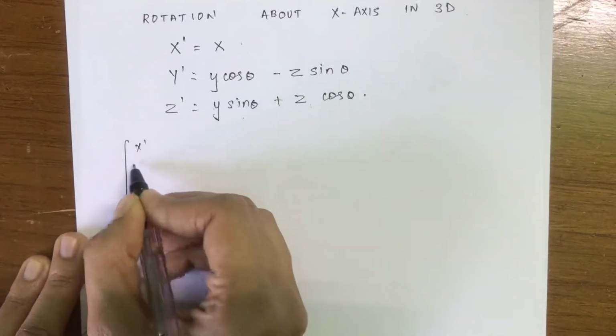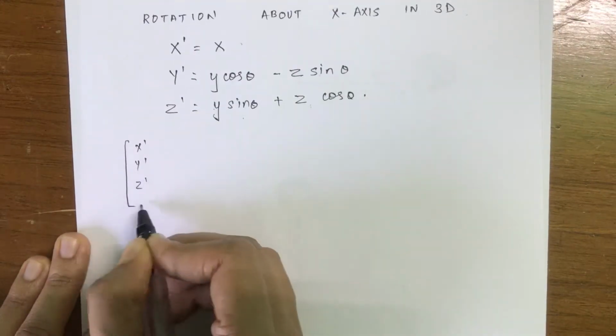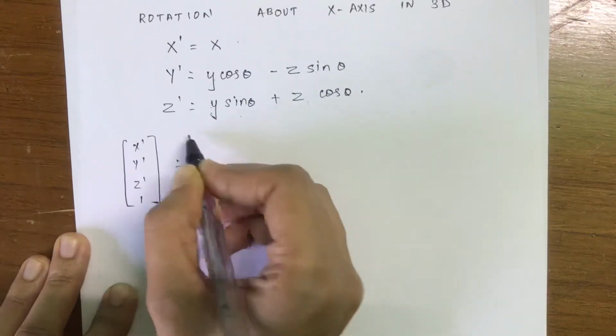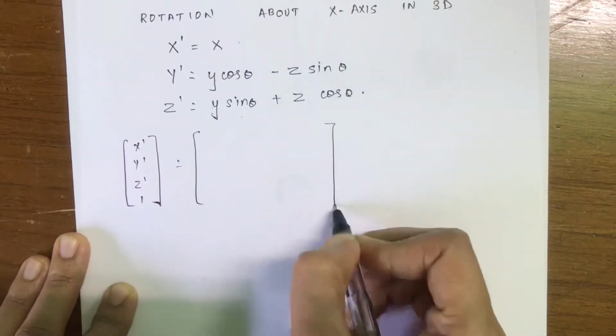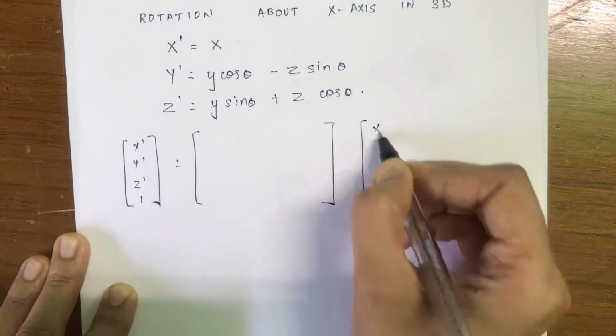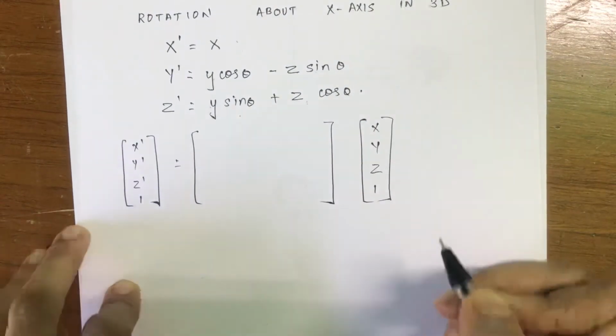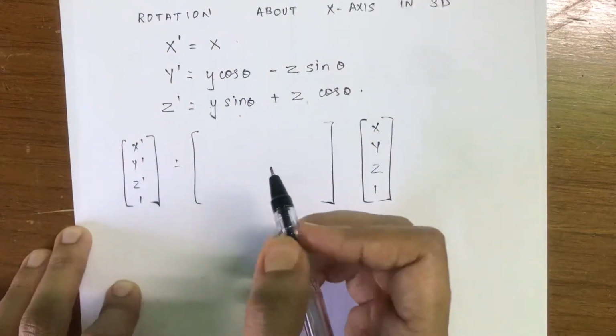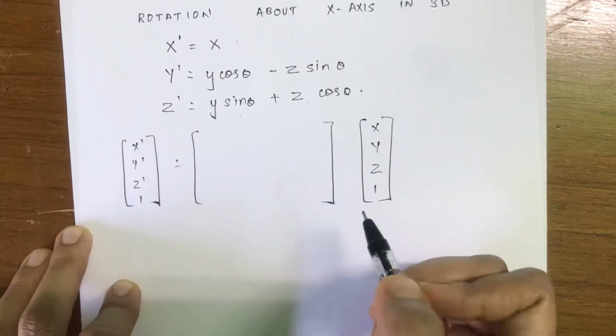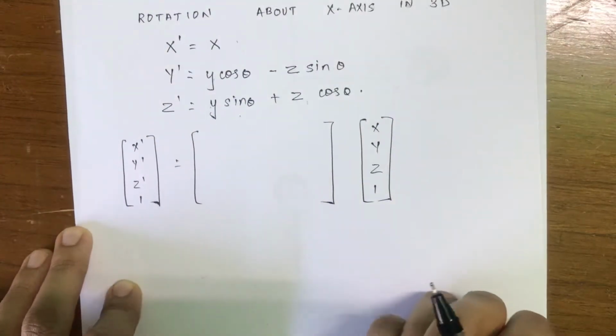x dash, y dash, z dash, 1 equals x, y, z, 1. Like I said, your matrix is represented in the form of x, y, z and the homogeneous coordinates.